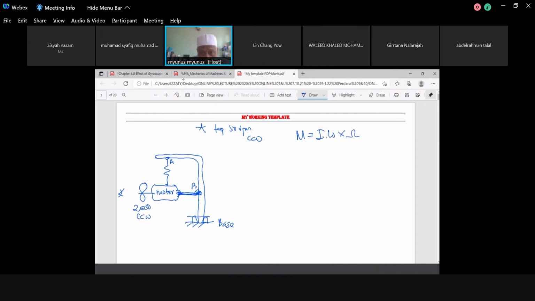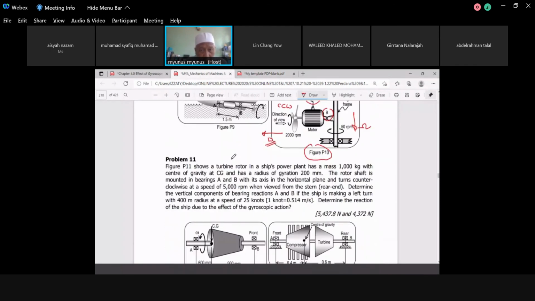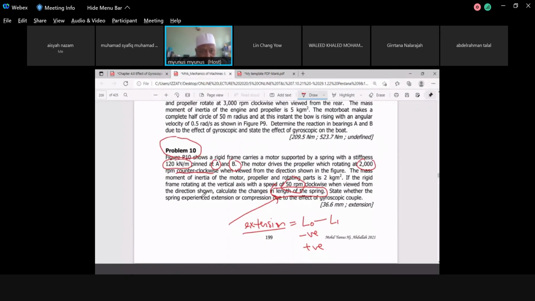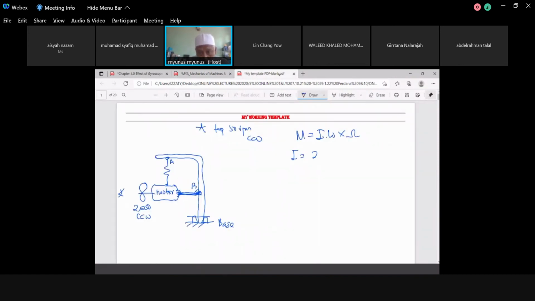The I now, they provide you I for the propeller rotating part, 2 kilogram meter square, so you don't have to do anything about it. This spin velocity is 2 pi by 2,000 divided by 60.